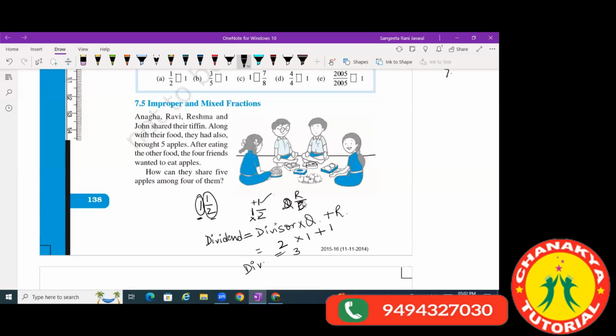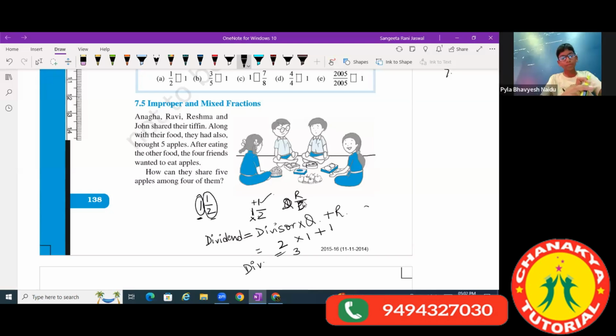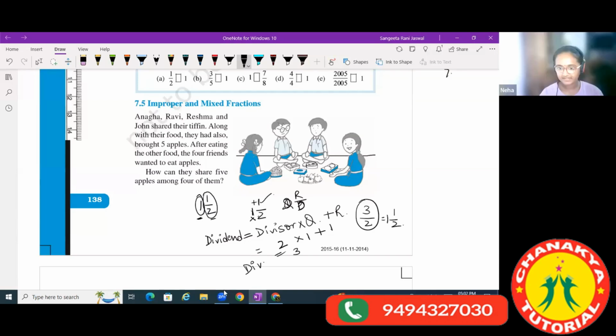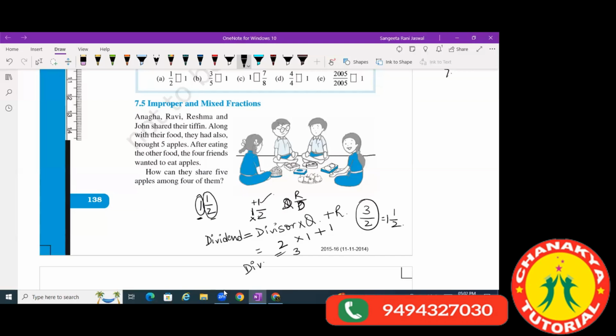So that means your dividend is 3. What are we doing actually? This is 3 by 2. So 3 by 2 can be written as 1 and 1 by 2. If I have to write it in mixed fraction form, this can be written as 1 and 1 by 2. How does it become 3 by 2? 2 multiplied by 1 is 2, then plus 1.